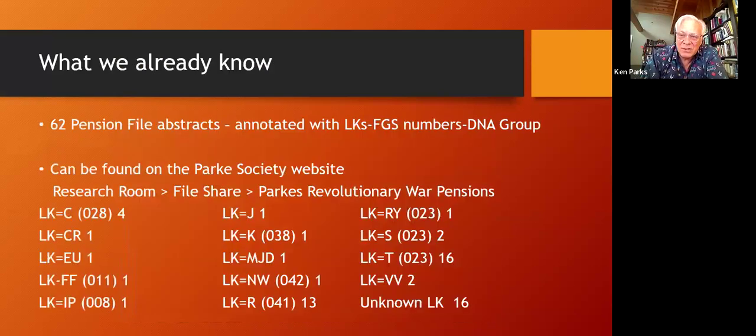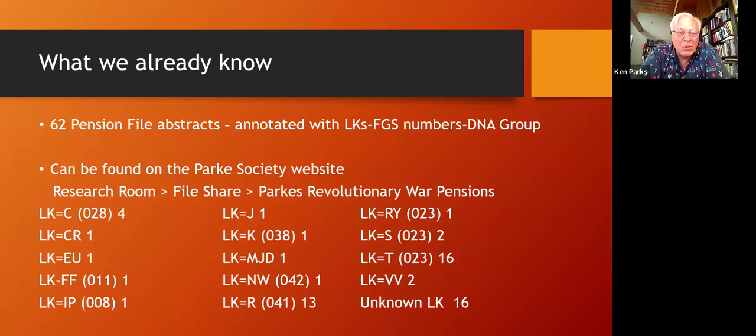Well, to some extent, what we already know, and for those of us who are members and have access to the members only pages, if you've created an account, there are 62 pension file abstracts from the Revolutionary War of Park's surnamed individuals.